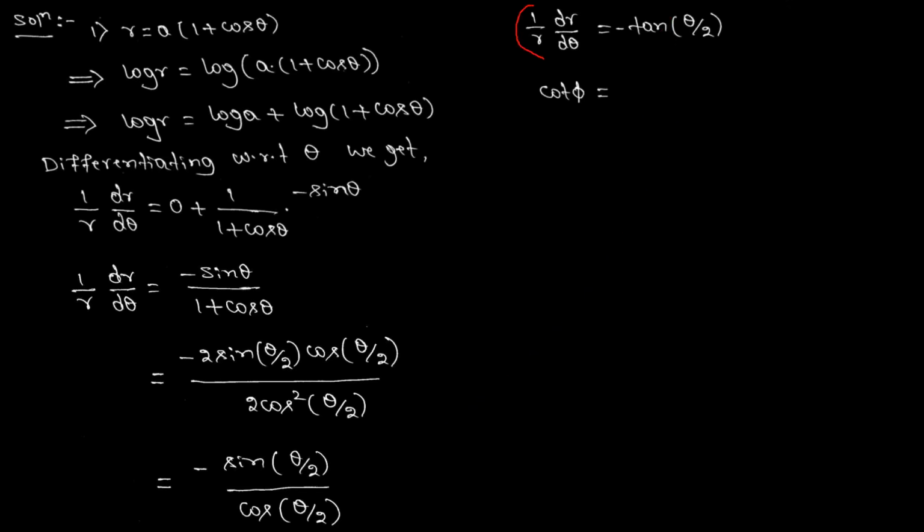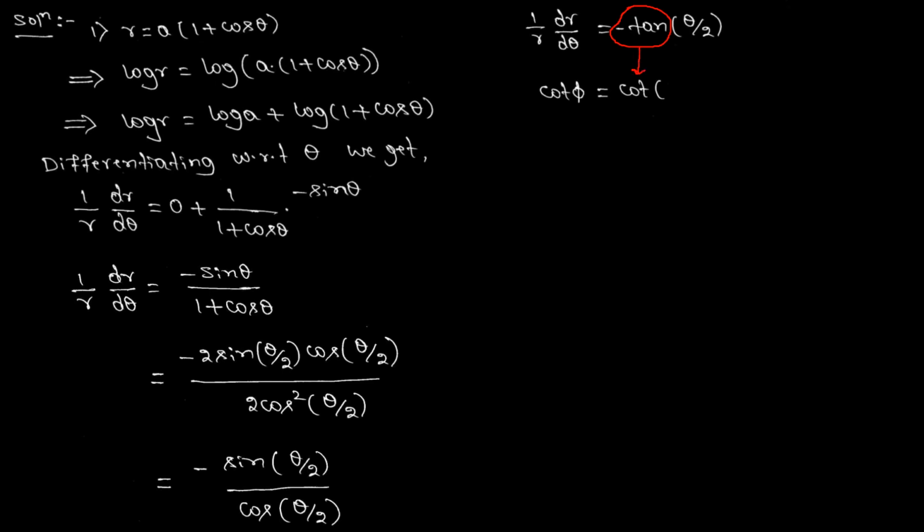From the derivation we know 1 by r dr by d theta is cot phi, and on the RHS we have minus tan theta by 2. We convert this minus tan in terms of cot. Let us see how we convert it.